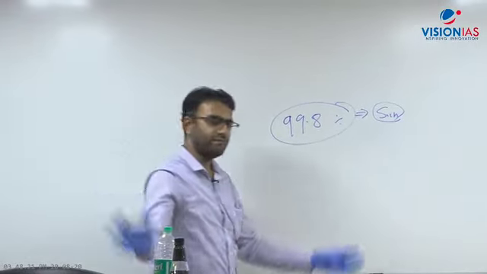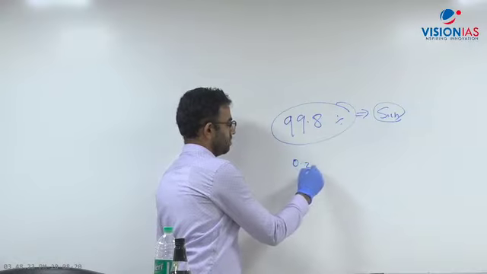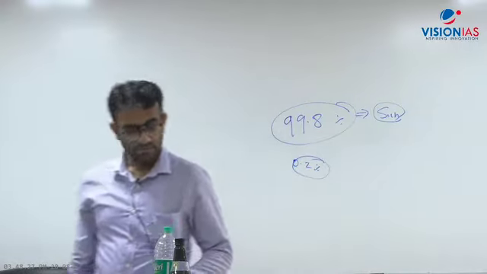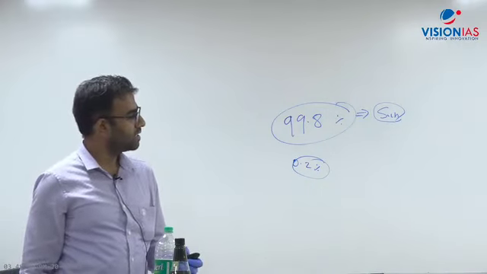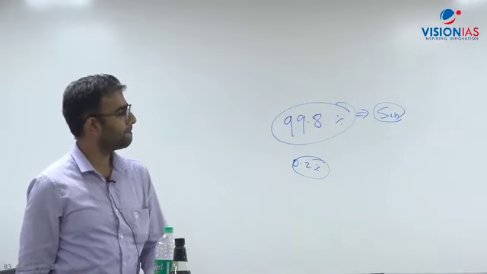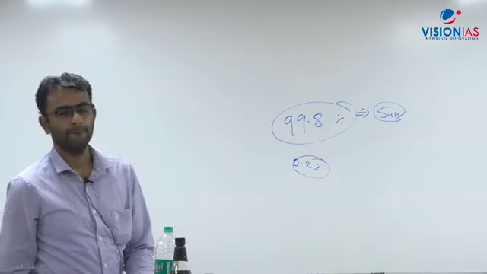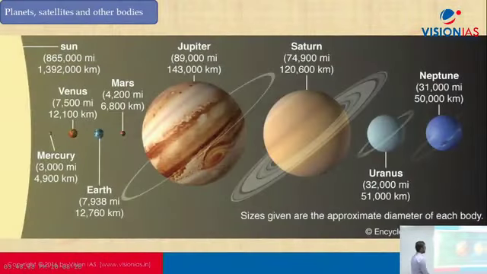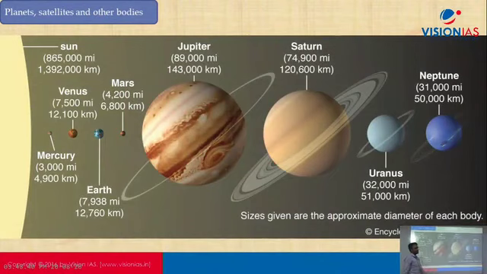Everything else, all the different planets, is just 0.2%. That gives you an idea how big the sun is in comparison to all the other planets.